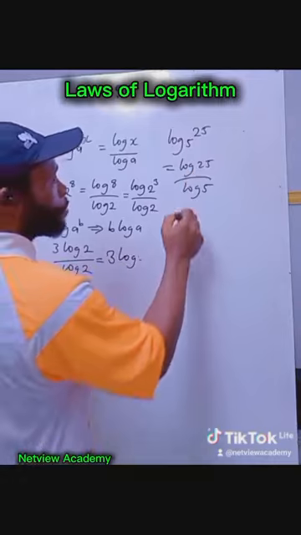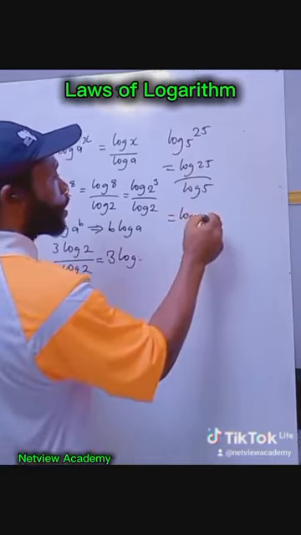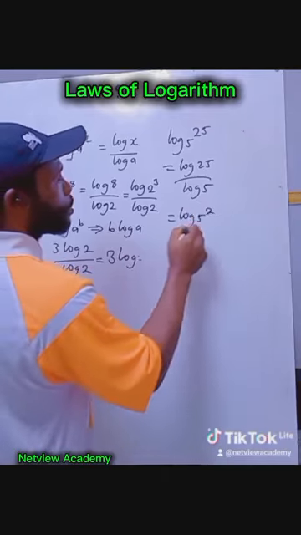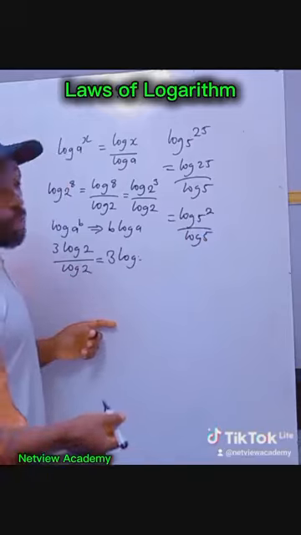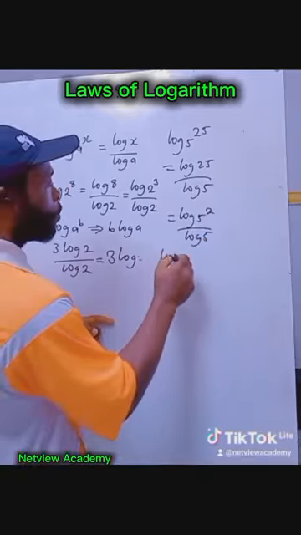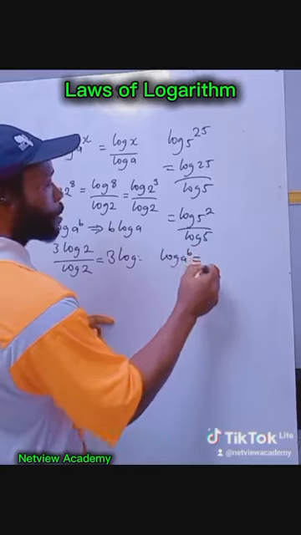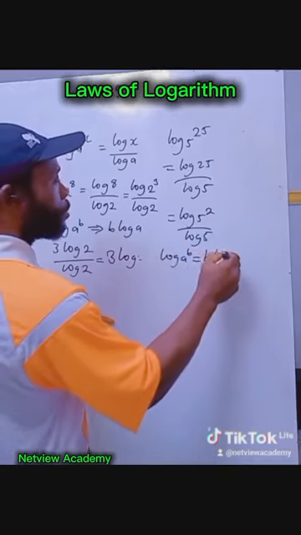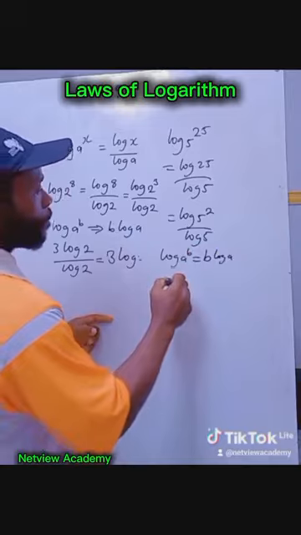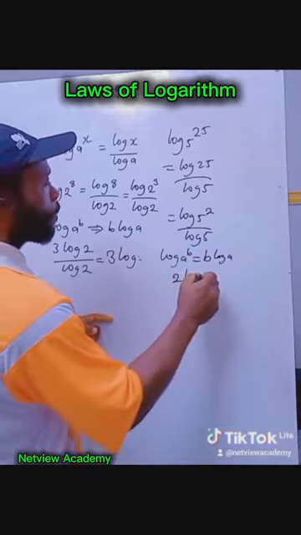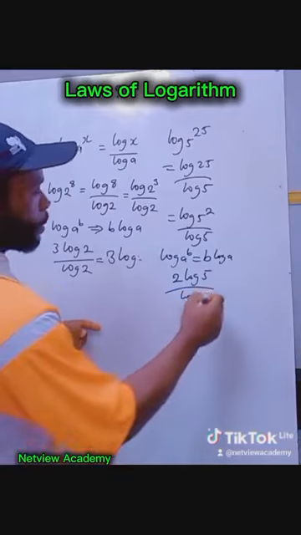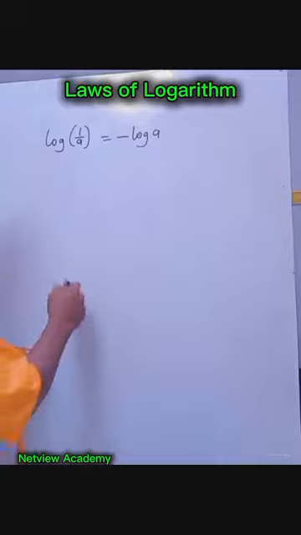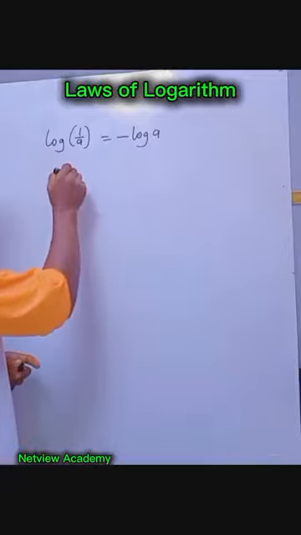And log 25 can be expressed as log 5 raised to the power 2 all over log 5. We already know that when we have log a raised to the power b, it is the same thing as b log a. Therefore, 2 log 5 all over log 5.